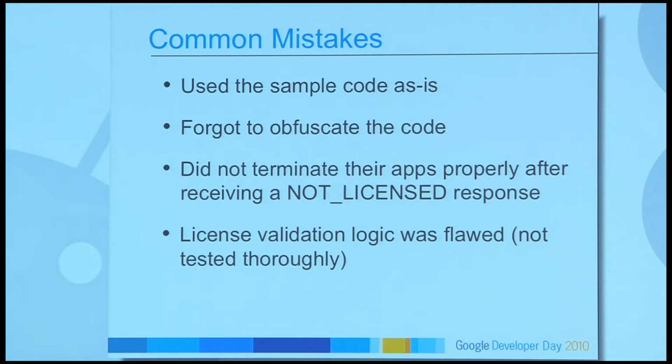Another common thing they forget to do is to obfuscate the code, which is a really, really critical piece you have to do. We also see some developers did not terminate the application properly after receiving a license response. And finally, sometimes the license validation logic was simply flawed, probably because it was not tested thoroughly.